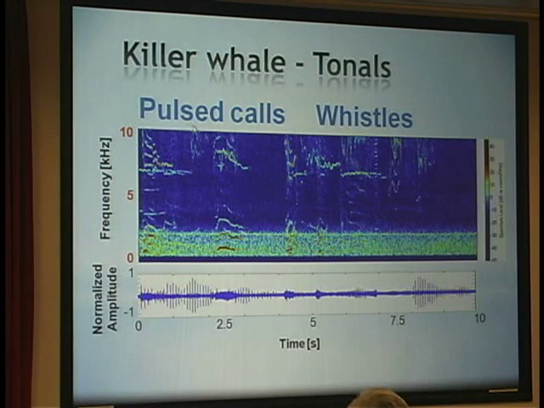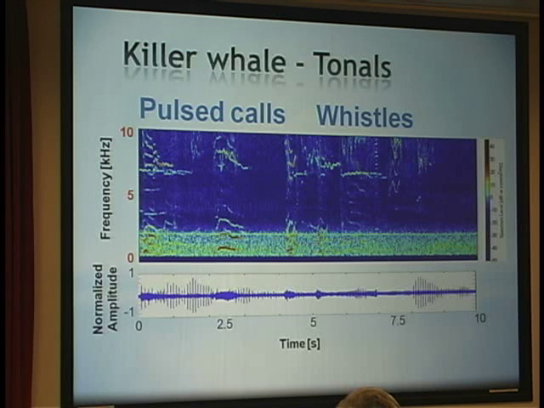Killer whales produce something that is called pulsed calls and also whistles. Those pulsed calls have what we call a fundamental, the basis, the lowest line, maybe around 500 hertz or so. And then you have multiples of that fundamental, being the harmonics of that signal.